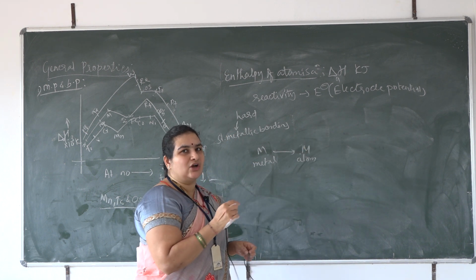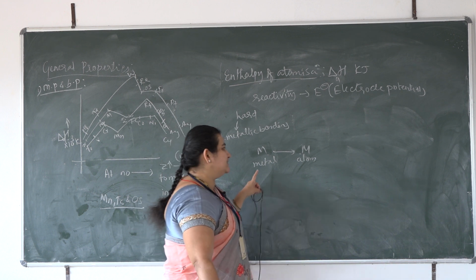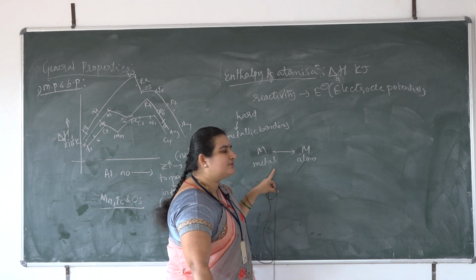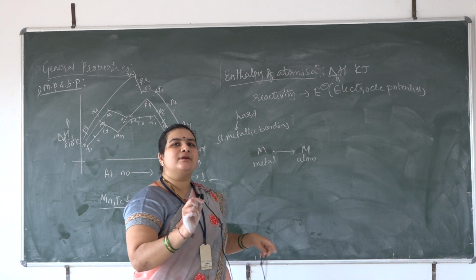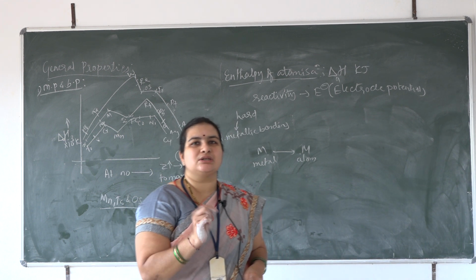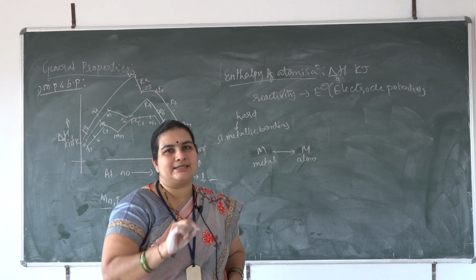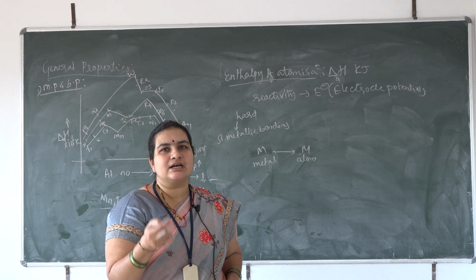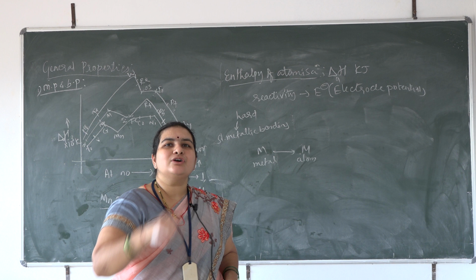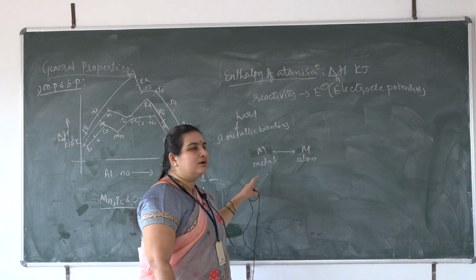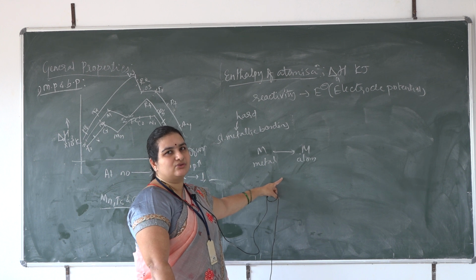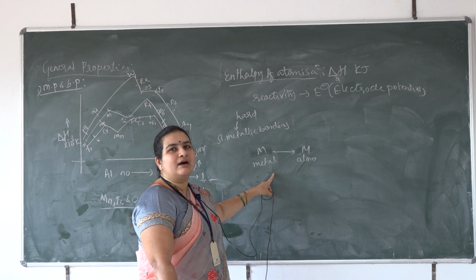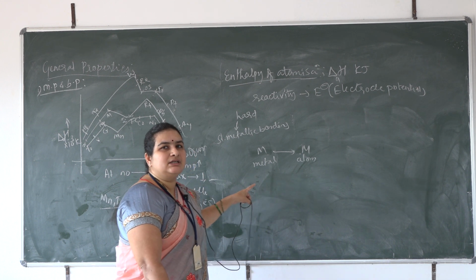In this process also, it involves breaking of the old bonds and formation of the new bonds. Atomization means conversion of metal into its corresponding atom. That also is involved with breaking of old bonds and formation of new bonds. Okay, so that also requires energy.